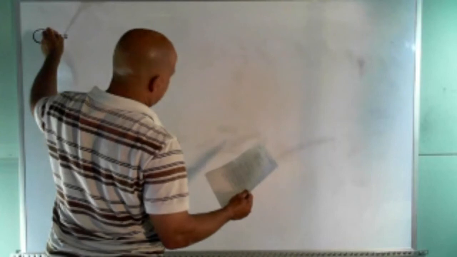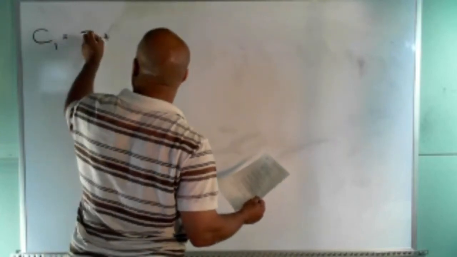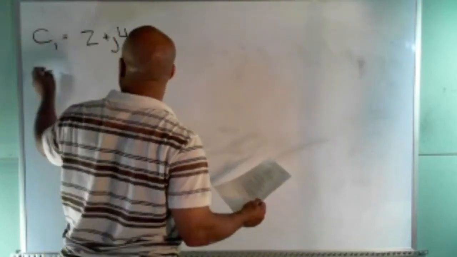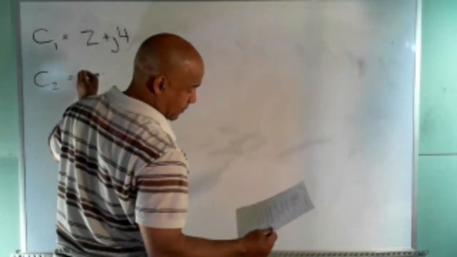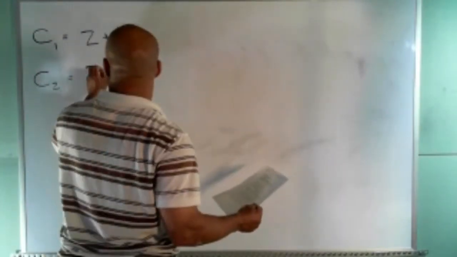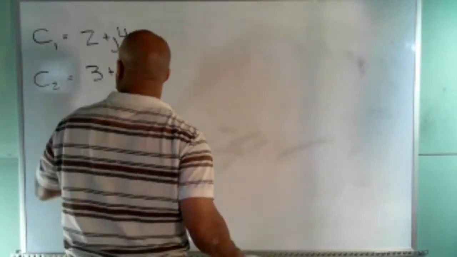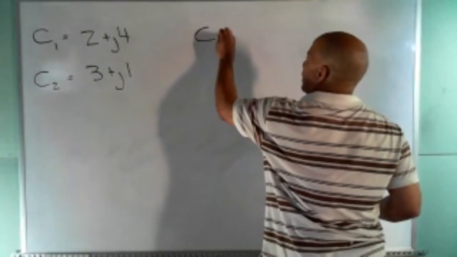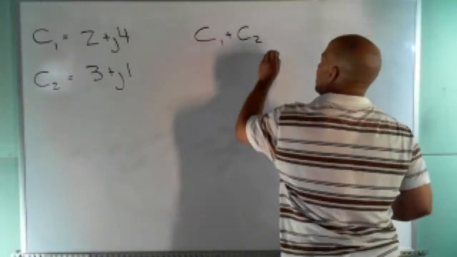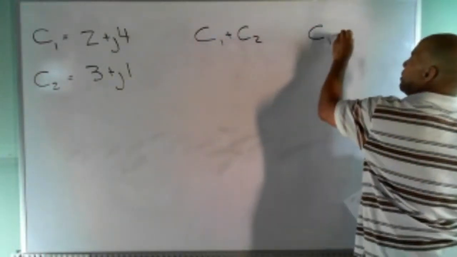Complex number 1 is 2 plus J4. Complex number 2 is 3 plus J1. And they want you to find C1 plus C2. And they want you to find C1 minus C2.